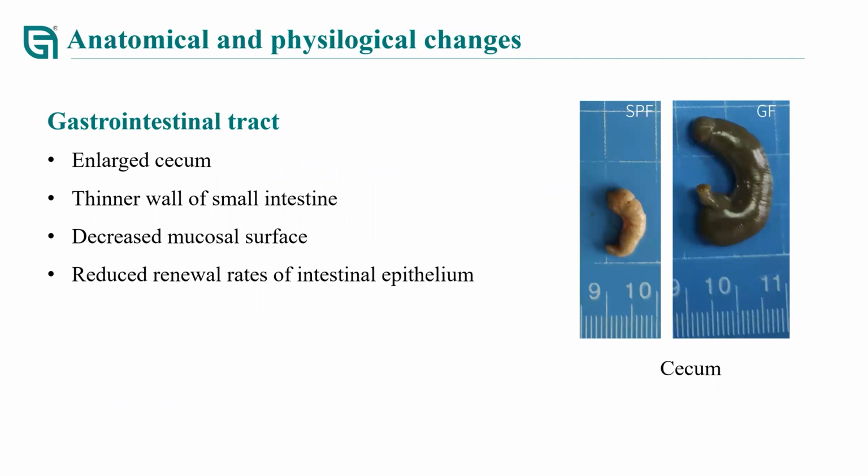You can see here the most significant change of germ-free mice is their gastrointestinal tract, which has an enlarged cecum due to the accumulation of undigested food debris. It has been reported that the intestinal wall and mucosal layer of germ-free mice are thinner, and the renewal of intestinal epithelium is slower than that of SPF mice.